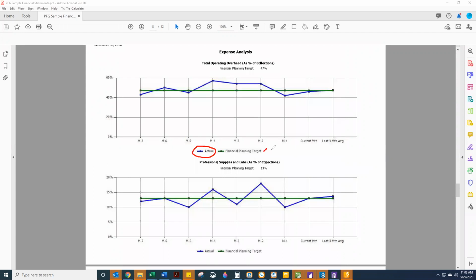So if we want your overhead to be 50% or lower, then we want to keep our actual overhead below that. Same with supplies and labs. There's those variable costs that are really important. And so if we want your target to be 13% for supplies, labs, office supplies, then we want to try and hopefully make sure each month is below that green line.